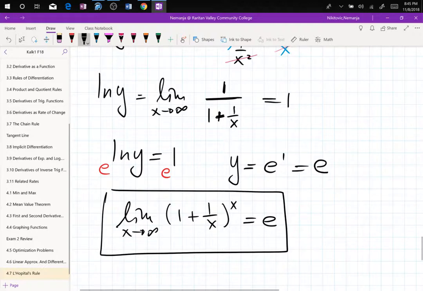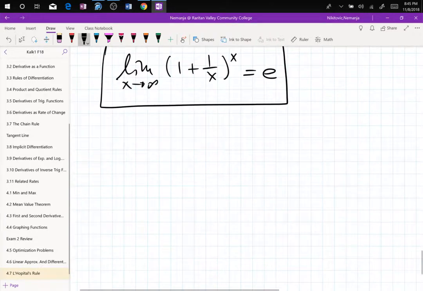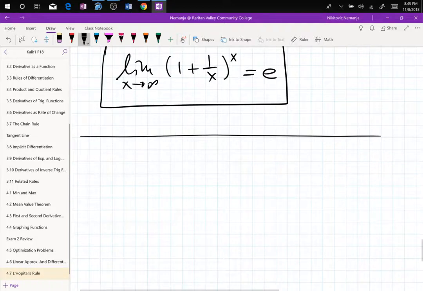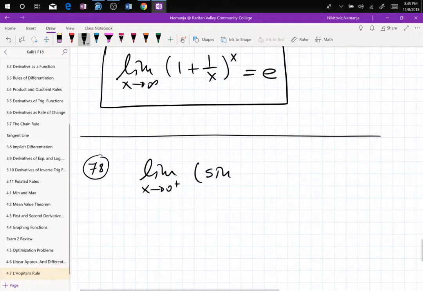Oh, beautiful. You're going to love this problem. This is 78. What is the limit as x goes to 0 plus of sine x raised to the tangent x?